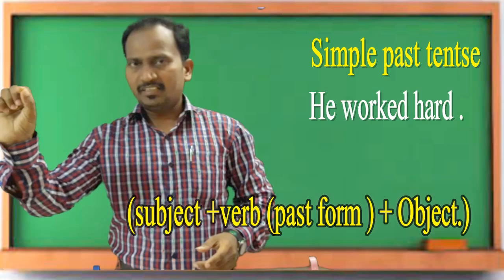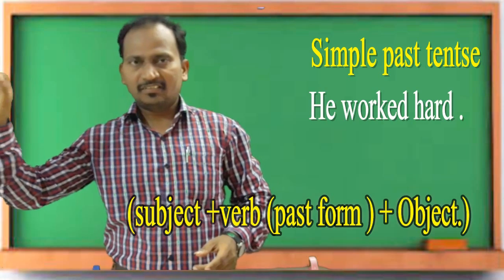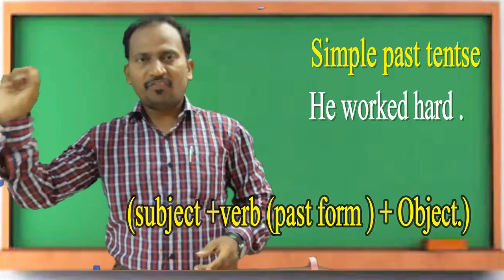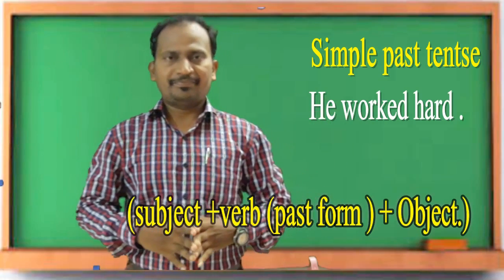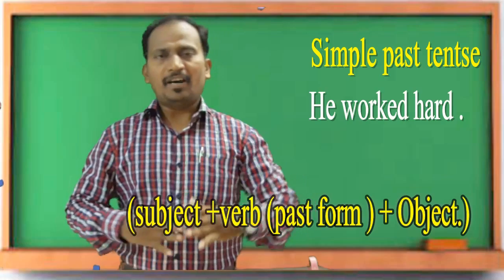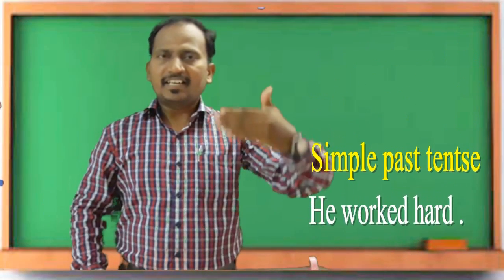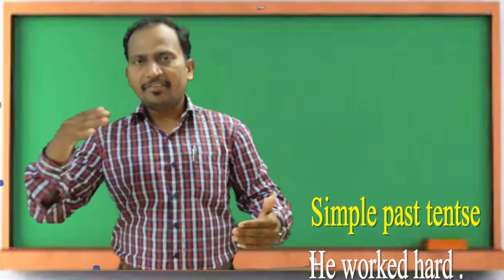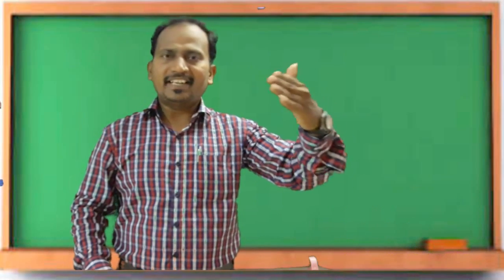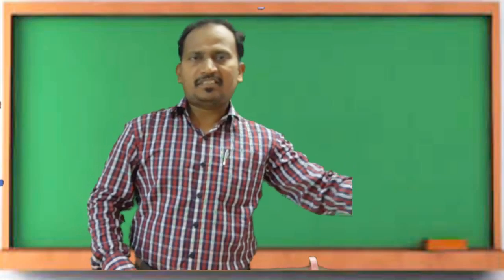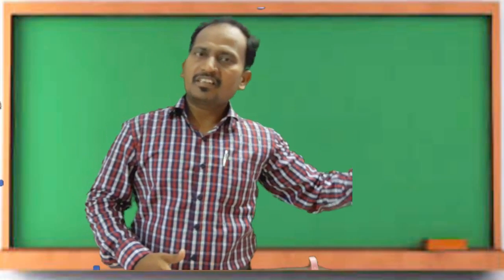Subject, he, plus verb, worked, the past form of the verb, plus object. Simple past indicates that actions or events have taken place in the past. The action is just completed.